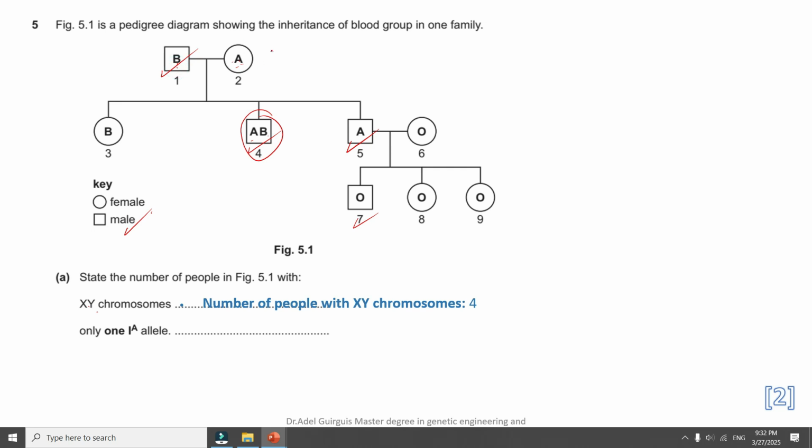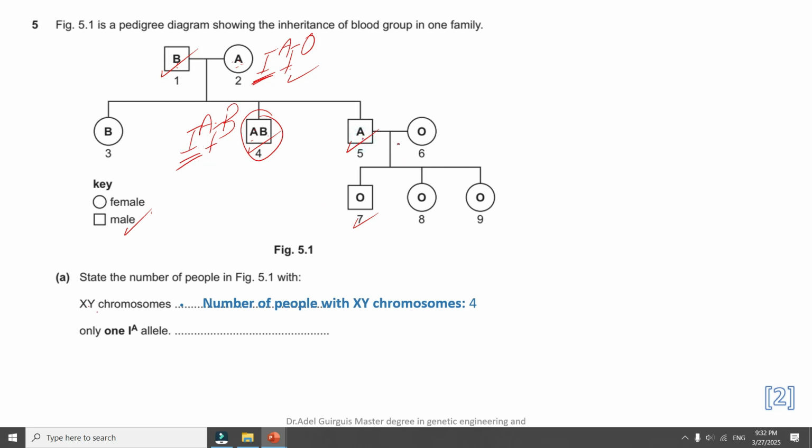So this female has genotype IA IO: only one IA, second allele IO. He asked about only one IA allele, this female number 1. Here also IA IB, only one IA allele. What about this one?